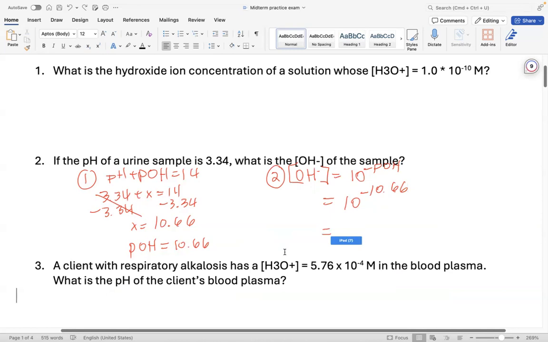So can somebody remind me what this was? Because this was one of them I didn't have pre-solved. So you would type in 10 to the negative 10.66 in your calculator. That one is 2.18 times 10 to the power of negative 11. Thank you.